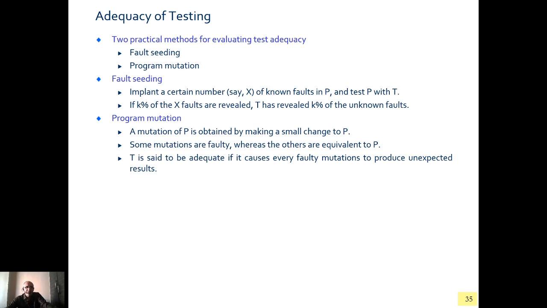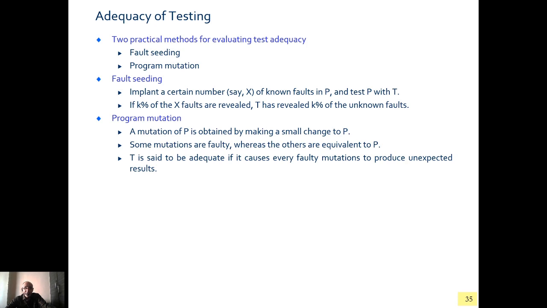Implant a certain number of known faults and test P with the test case T. If K% of X faults are revealed, T revealed K% of unknown faults. Right, so that is the underlying theme, isn't it? That one has to know. That is being done intentionally.